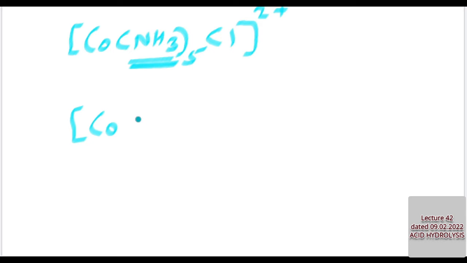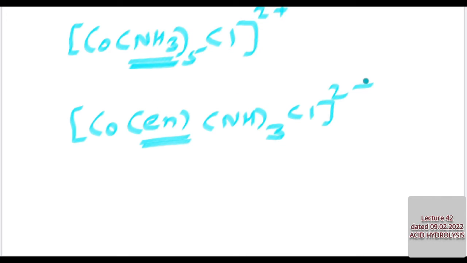Another possibility: in place of the 4 ammonia molecules, or you can say for 2 ammonia molecules, I can consider ethylene diamine, a chelating ligand. The rest will be simple.